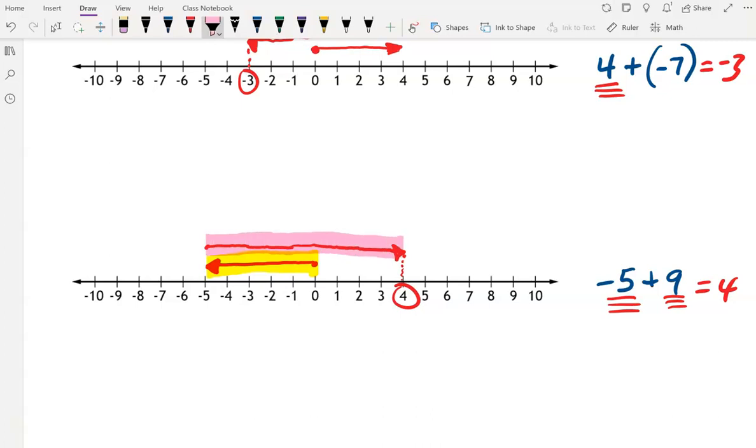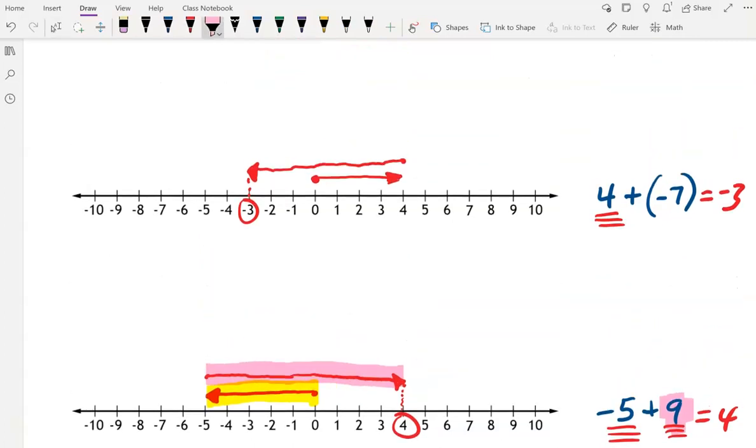And that's how we ended up at positive 4. Okay? So make sure that when you are adding positives, you are moving to the right on the number line. And in the previous one, remember when we were adding a negative number, which way did you move? Well, in this case, we moved to the left on the number line. When you add negatives, you move to the left, and when you add positives, you move to the right.